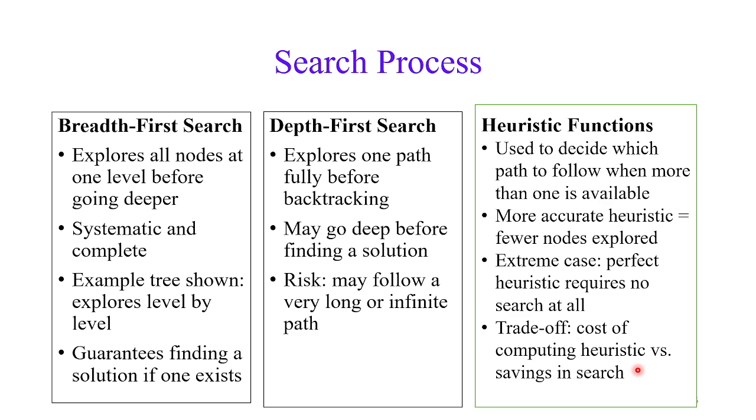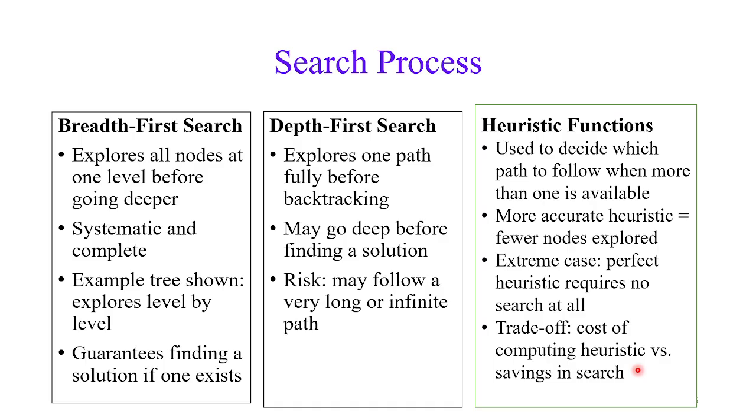If you have a very long, complex heuristic, it might take very long to get evaluated. So possibly it will negate the savings from reduced search. So a well-defined heuristic balances accuracy and computation cost.